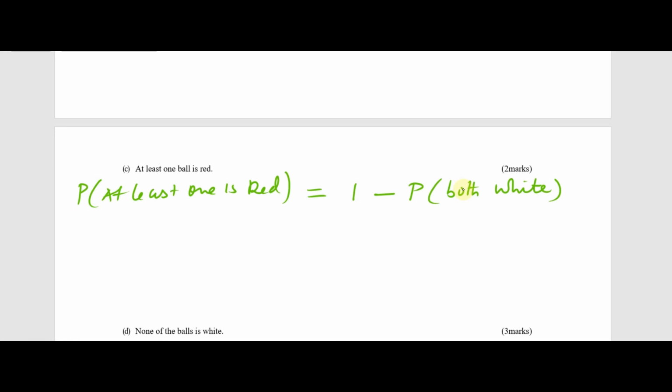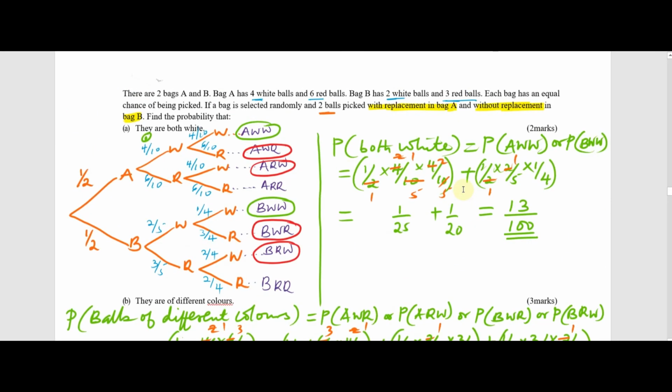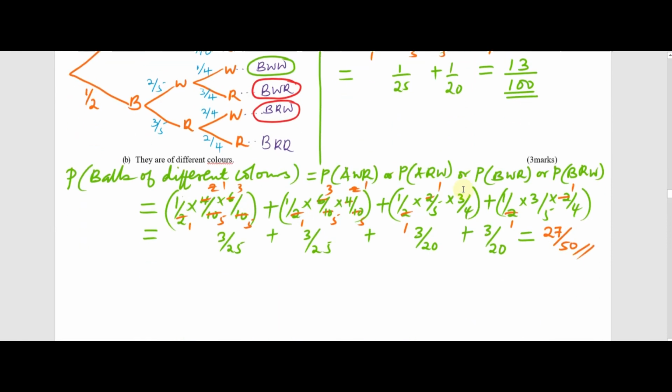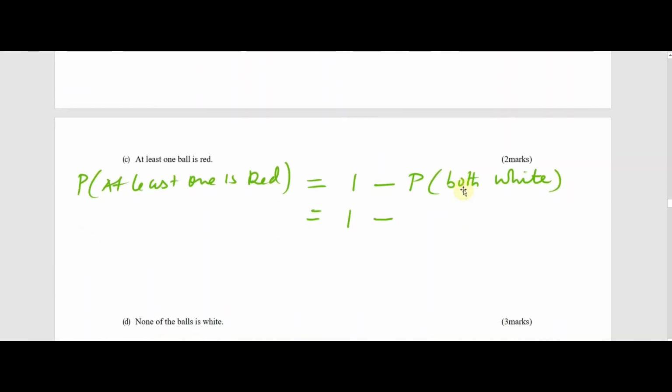So we just take 1 and subtract the instances where all the balls are white. By doing so, we'll be left with the probability of at least one is red. This will be given by 1 minus, we have already got the probability that both are white, which in the first question is 13 out of 100. And this gives 87 out of 100 as our solution in that part.